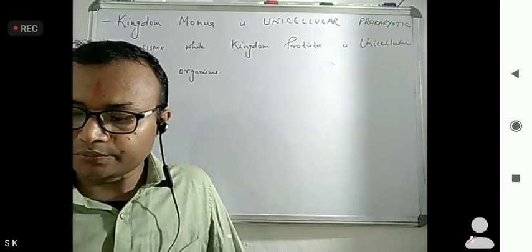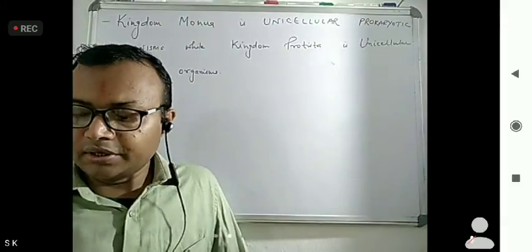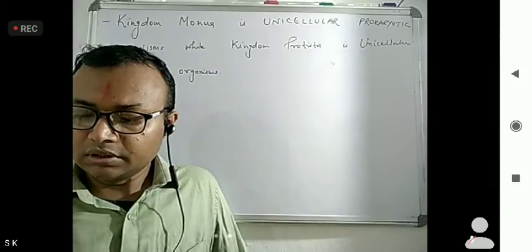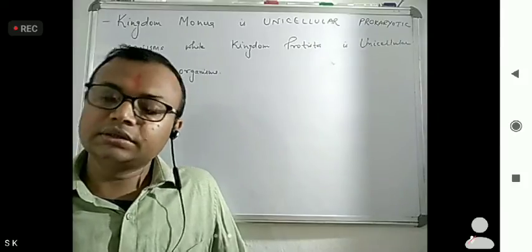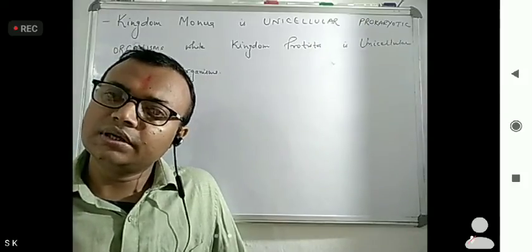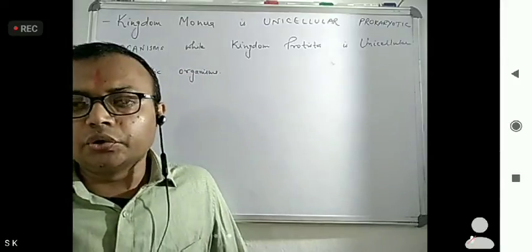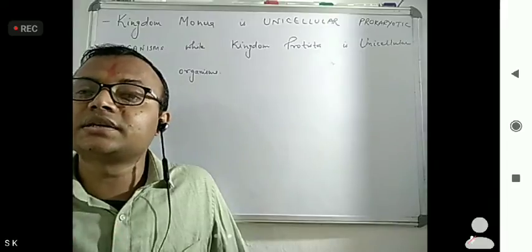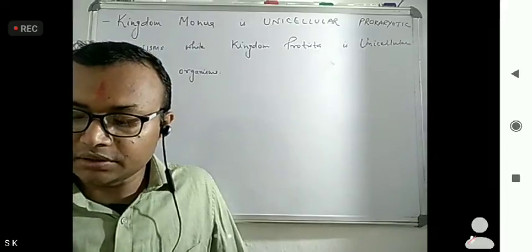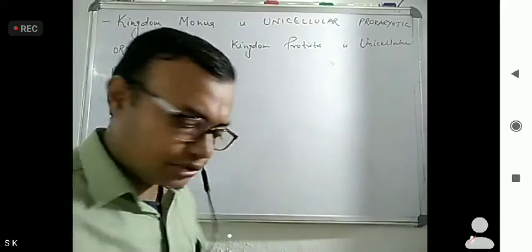Okay, now this Kingdom Protista that I already discussed, after that it will enter into multicellular organisms. So it is known as the ancestor of multicellular eukaryotes.